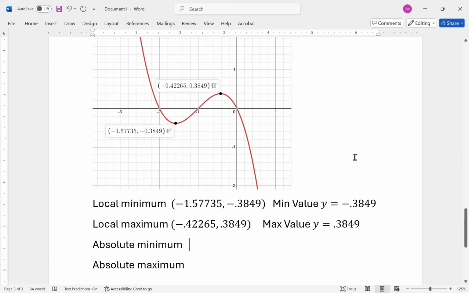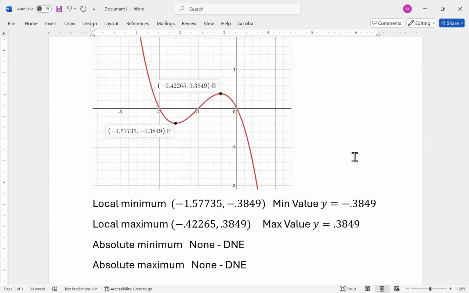So the absolute minimum point does not exist for this graph. And in the same way, we do not have an absolute maximum point. So the absolute maximum point does not exist either.